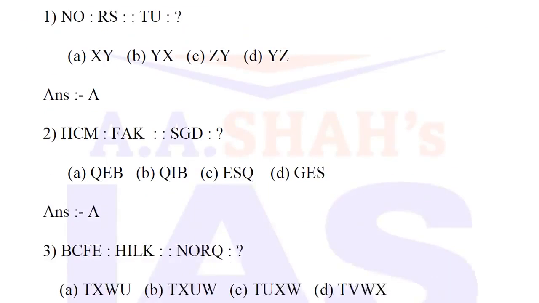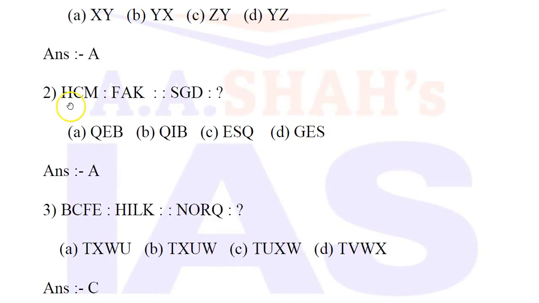Second question now. We have HCM is to FAK and SGD is to what? Now if you observe here, the same thing has to be followed. We have to compare H with F, C with A, M with K. Now H and F, what is the connection here?